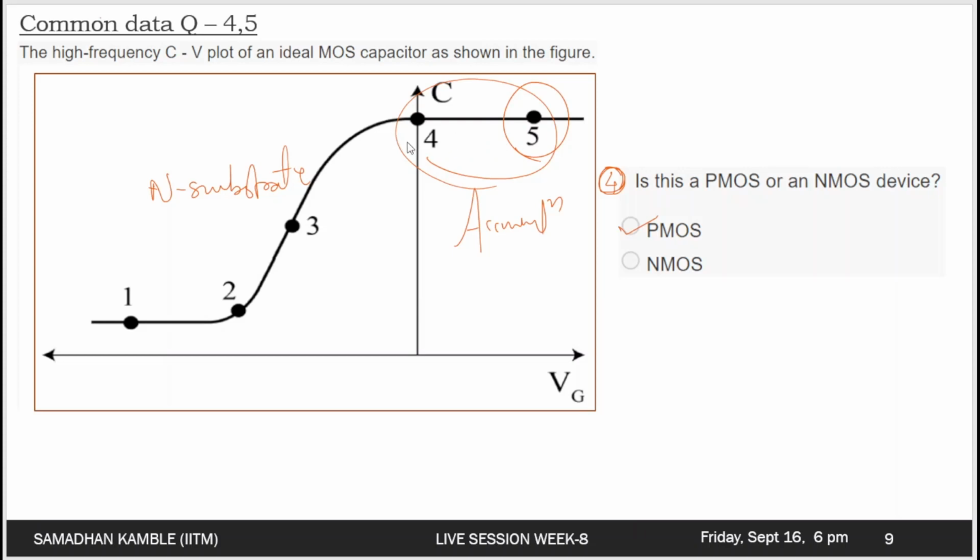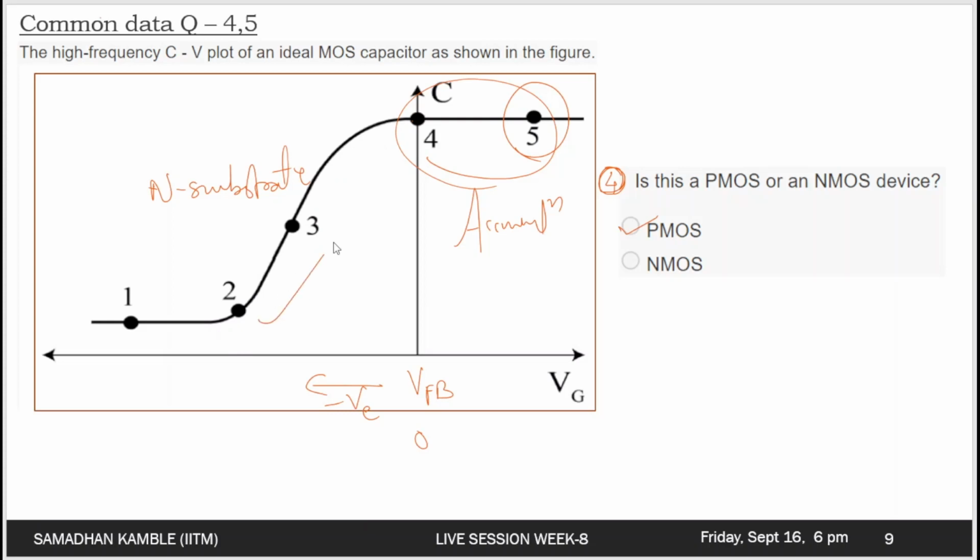Fourth point is the flat band voltage. This is the flat band condition happening. And when we apply the negative Vg, that is Vg in the negative direction, the depletion of the majority charge carriers occurs as the majority carriers, which are electrons, are pushed away from the interface, and we can see the capacitance in the depletion mode being decreased.